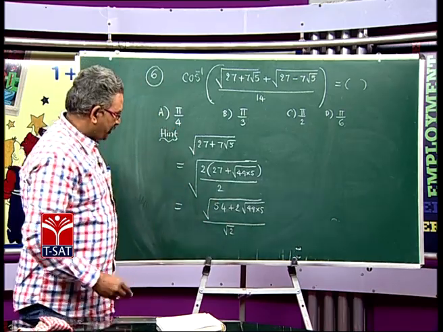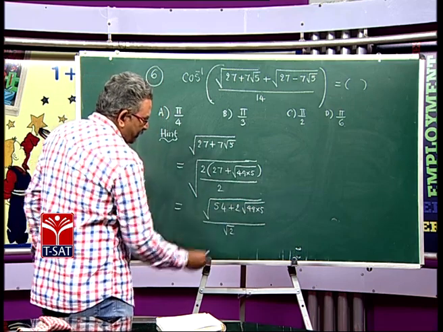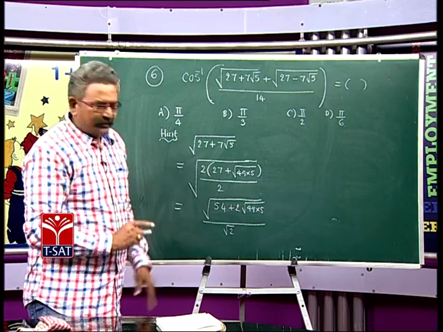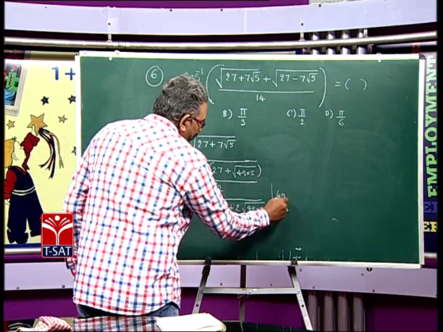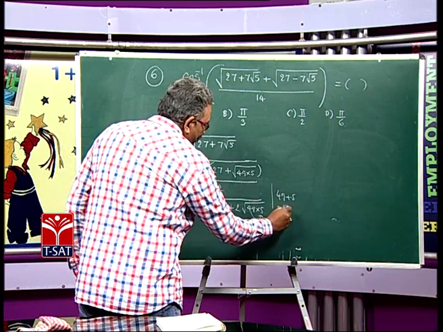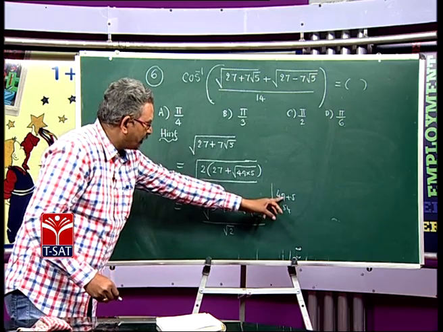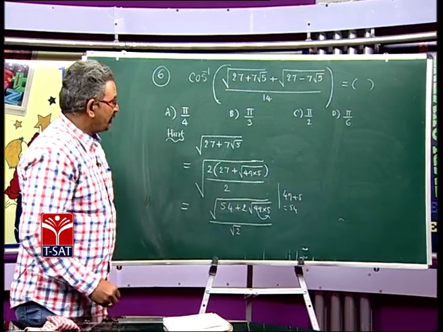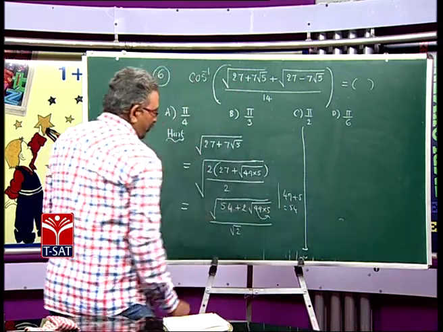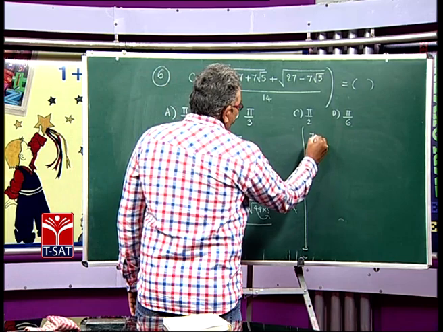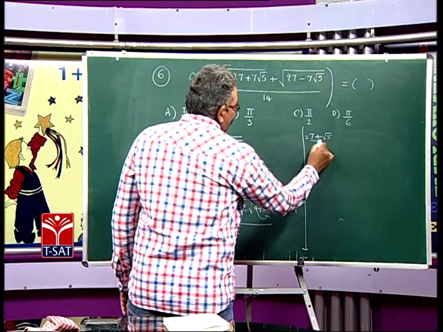Now check it. This must be the product of the numbers, this must be the sum of the numbers. Just very simple here. 49 plus 5 gives us 54 only. That means the square root of this one is root 49 plus root 5. Am I correct? So that means here we get square root of 49 is 7 plus root 5 by root 2.